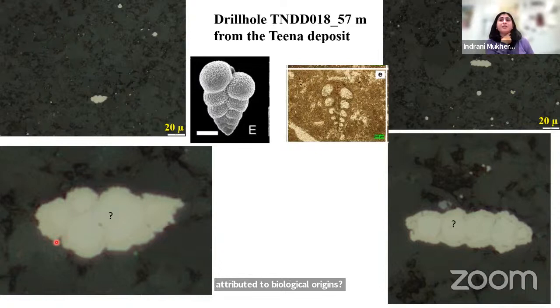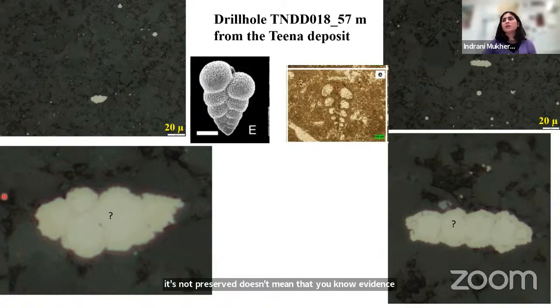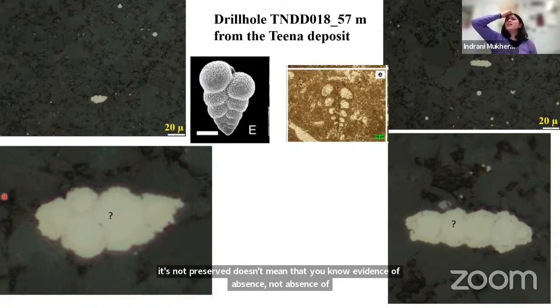The presence of carbon is considered to be pretty good, and you can be pretty sure that it's biological, but I have mixed feelings about carbon. You can easily get rid of it, especially given these rocks are billions of years old. If it's not preserved, evidence of absence is not absence of evidence.